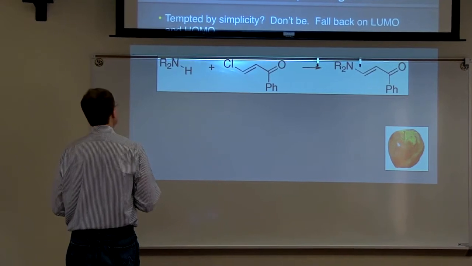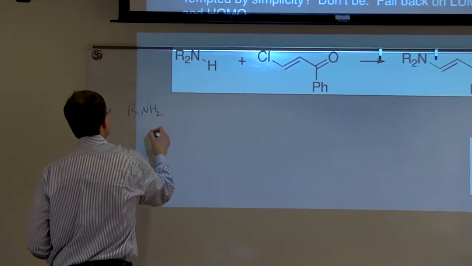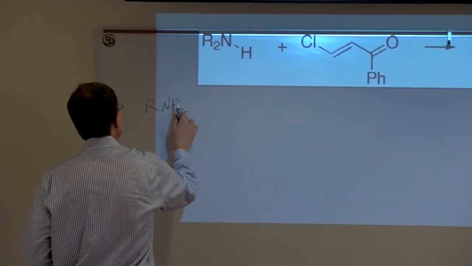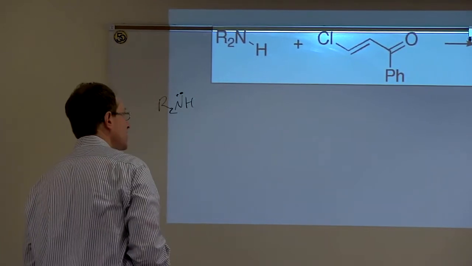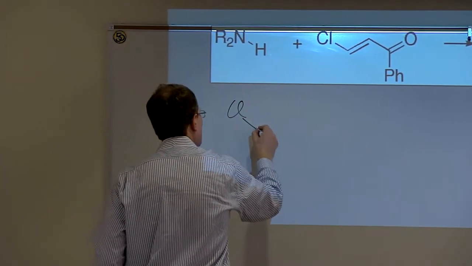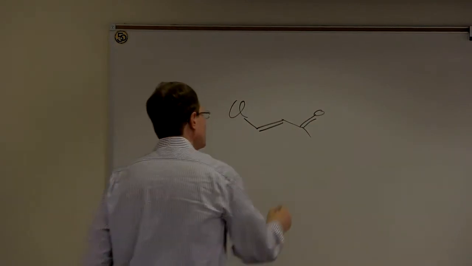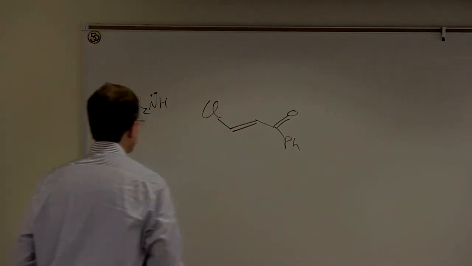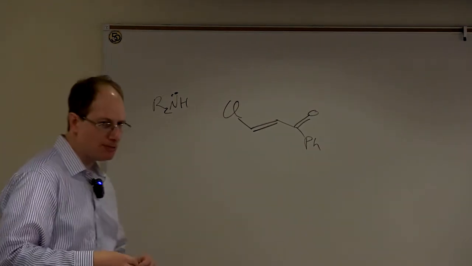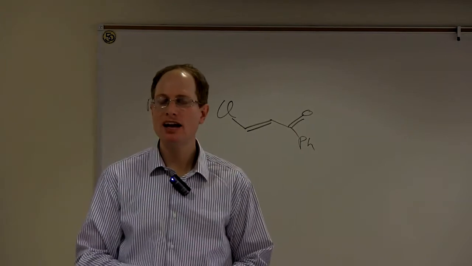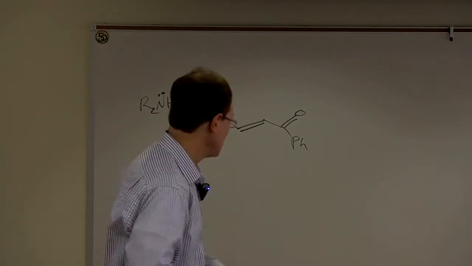So, in this example, there's a lone pair on the nitrogen. Here's our reaction again. The simple, and I would call it even simple-minded, possibility is for the nitrogen to simply displace the chloride as an SN2 reaction.